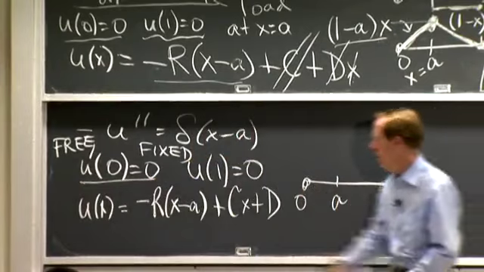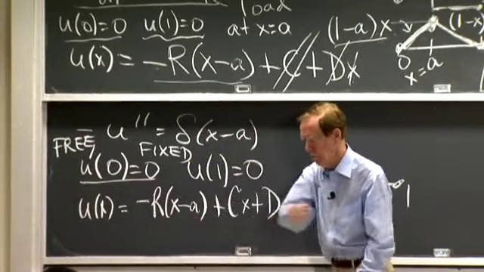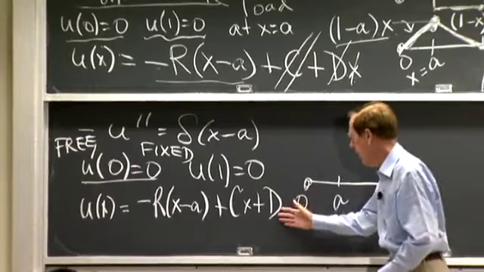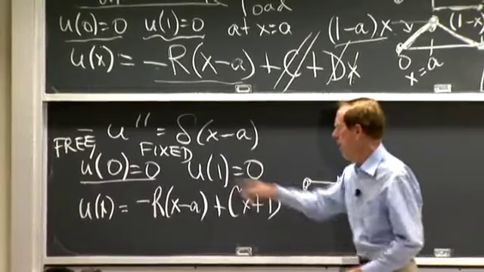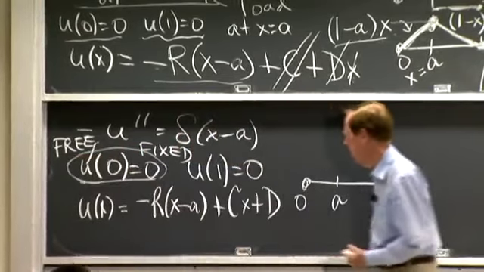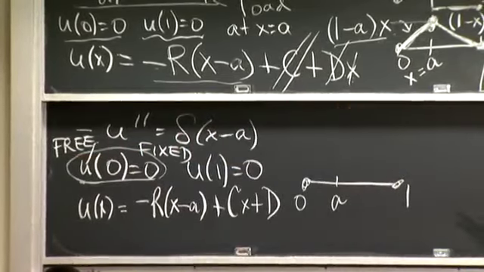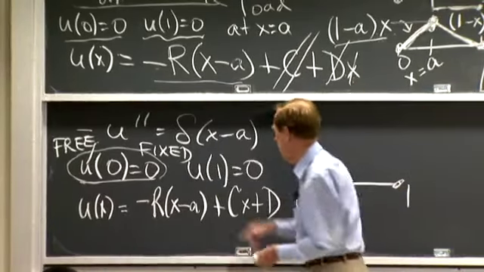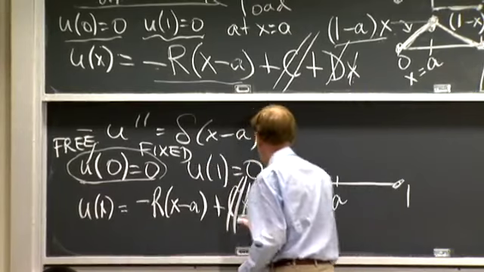At x equals 0, this corner, this ramp hasn't started, so the slope is 0. The slope of the constant is 0. What do I learn from this boundary condition? u prime of 0 equals 0. That c is 0. Before I learned that d was 0, but now from that condition I'm going to learn c is 0.